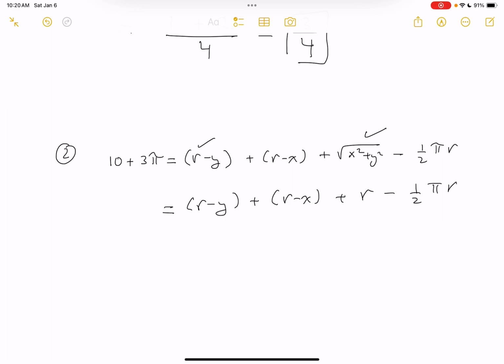Let's keep going. 10 plus 3 pi. Again, the X and Y still disturb me a little bit. What do you get? You get 1, 2, 3 R's.